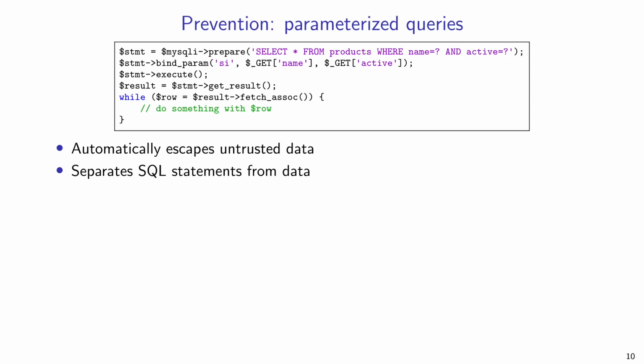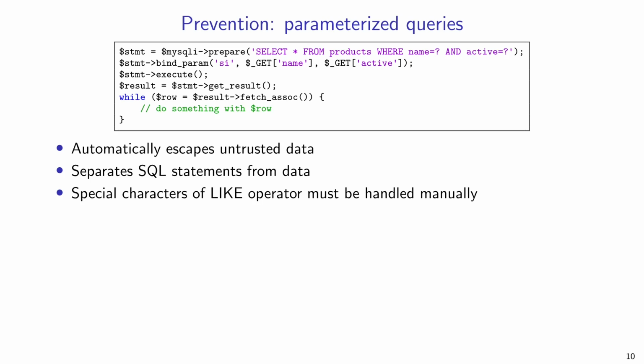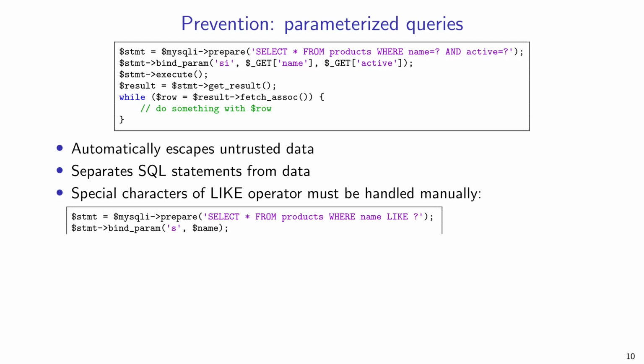Unfortunately, similarly to escaping, parameterized queries are not able to handle all corner cases. For instance, special characters of the LIKE operator must still be handled manually. We can use a placeholder for the LIKE operator, but it does nothing to escape the special characters of the LIKE operator.